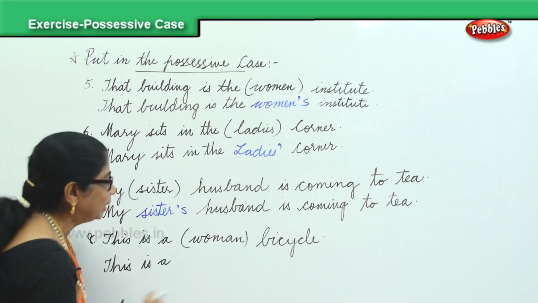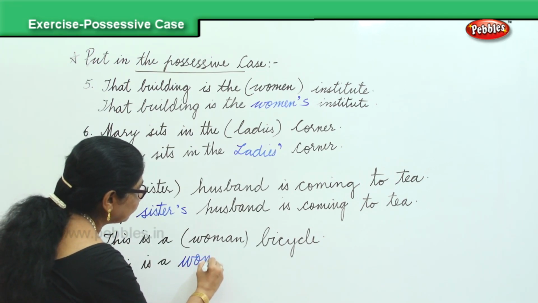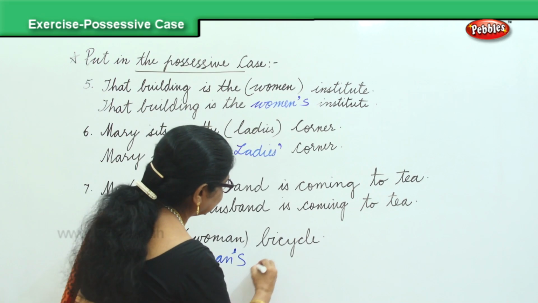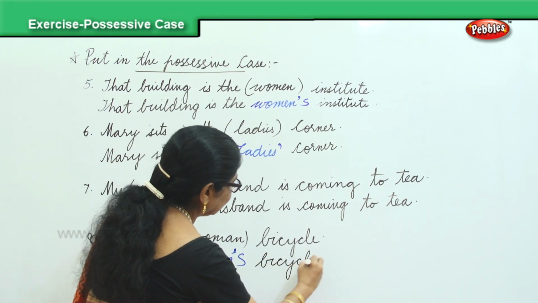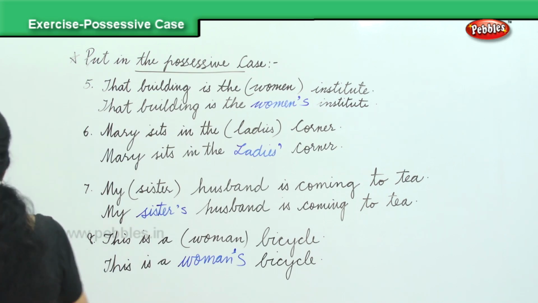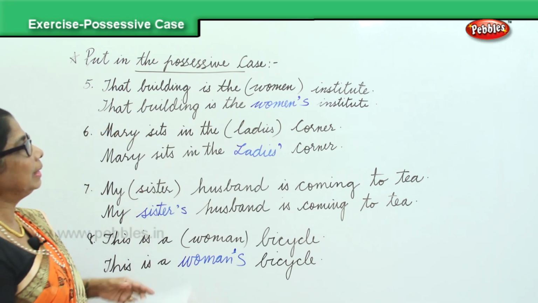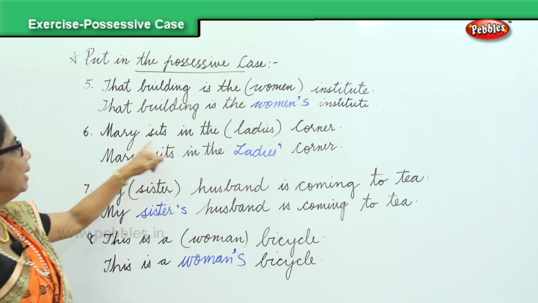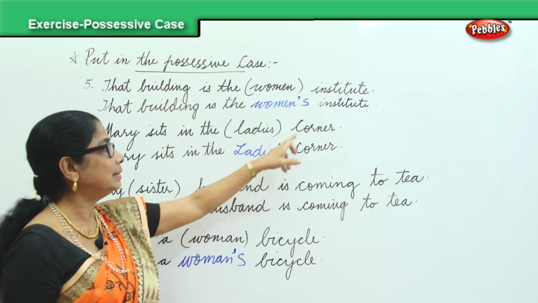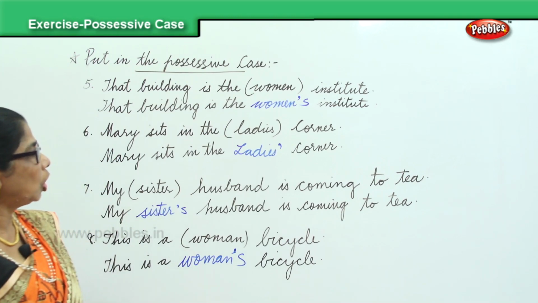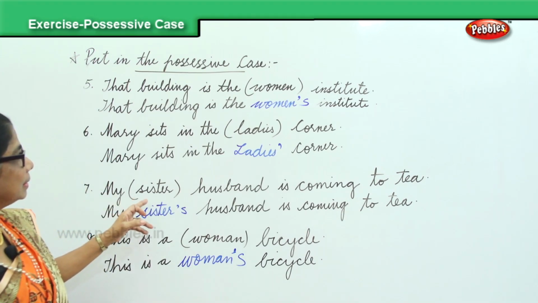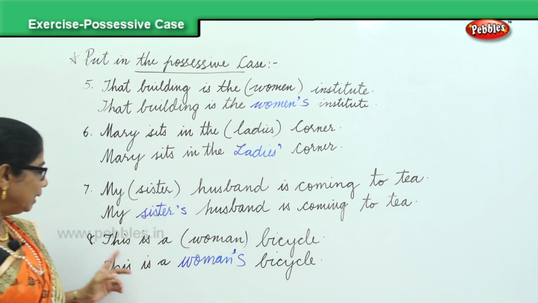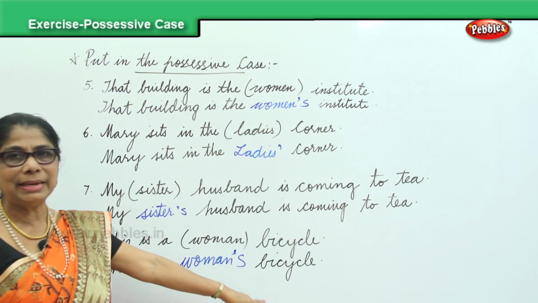This is a woman's bicycle. Now look at the sentences we have done. That building is the Women's Institute. Mary sits in the ladies' corner. My sister's husband is coming to tea. This is a woman's bicycle.